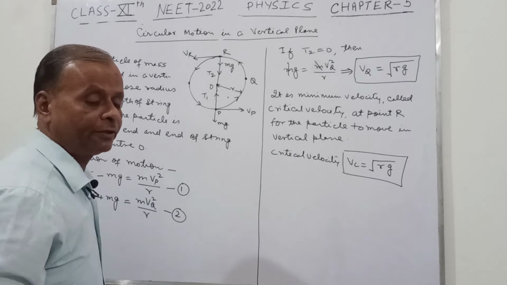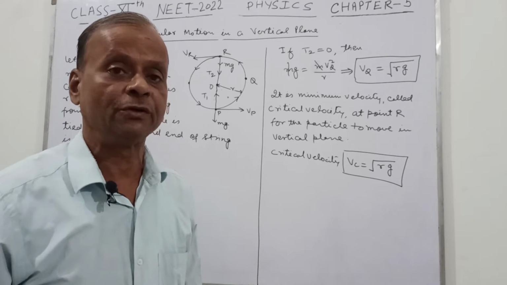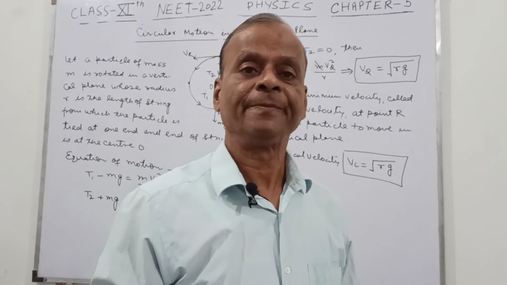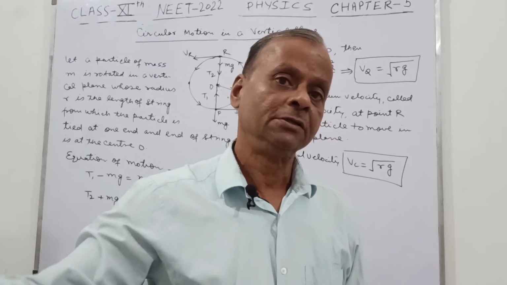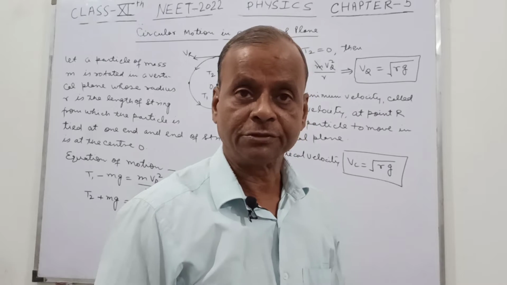So we have to find what must be the minimum velocity at the highest point so that the particle could complete the circular motion.